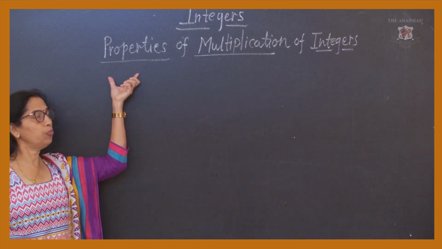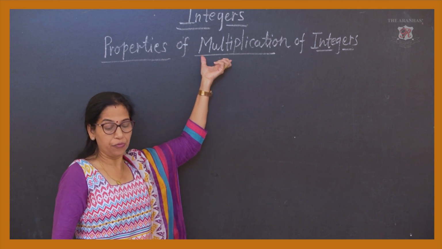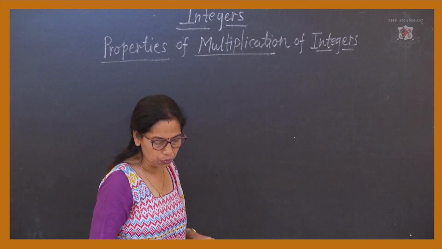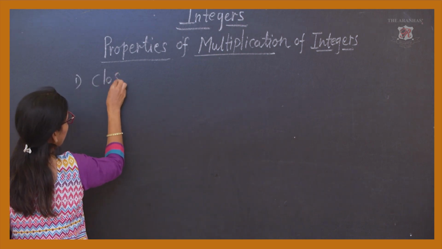Now, by studying the properties of multiplication of integers, the first property is the closure property.